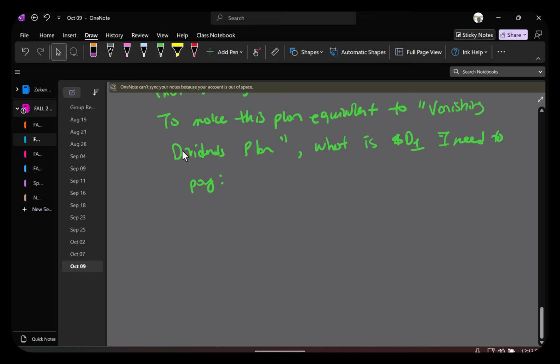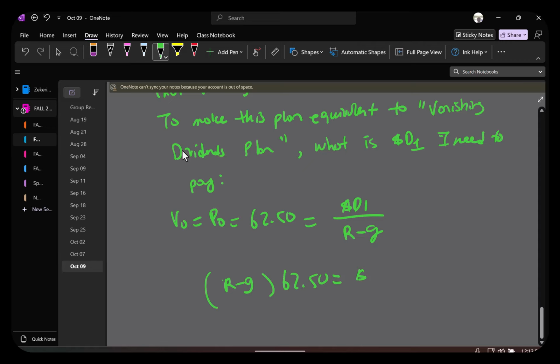It's not terribly difficult. Remember, if value is supposed to be price now, which is 62 and a half, right? So in this case, we can actually calculate this.